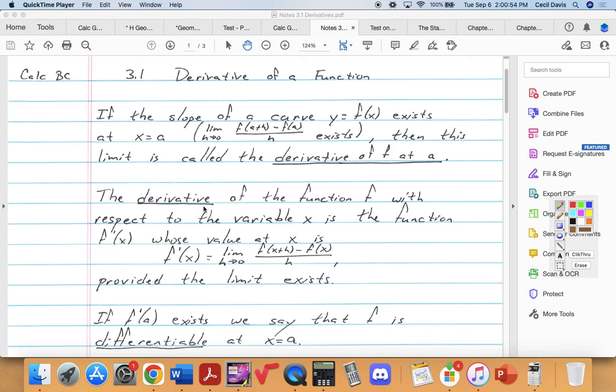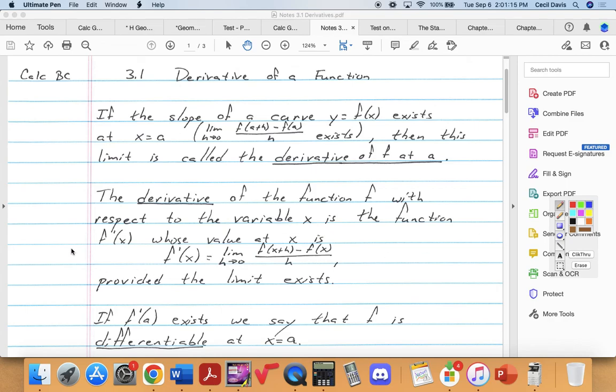So the derivative of the function f with respect to the variable x is the function f prime, and you may miss this because it's right next to that p. It looks sort of like an apostrophe, except it's straight. It's read f prime of x.